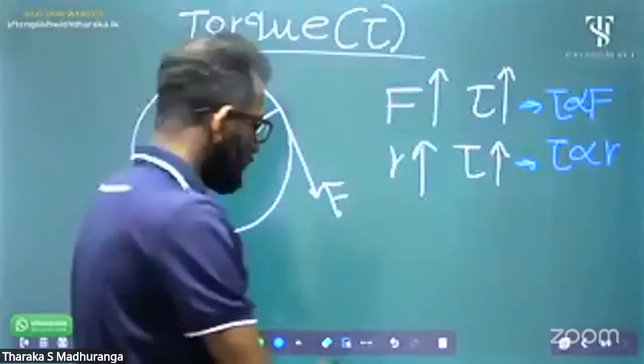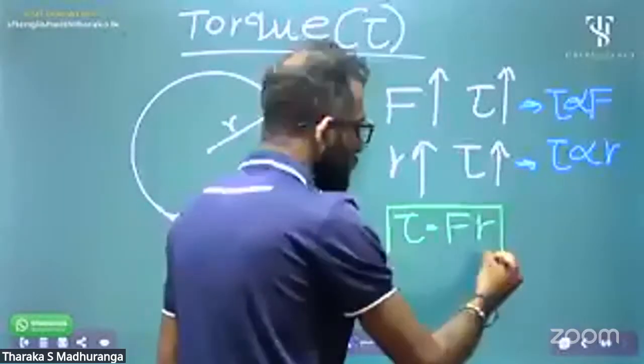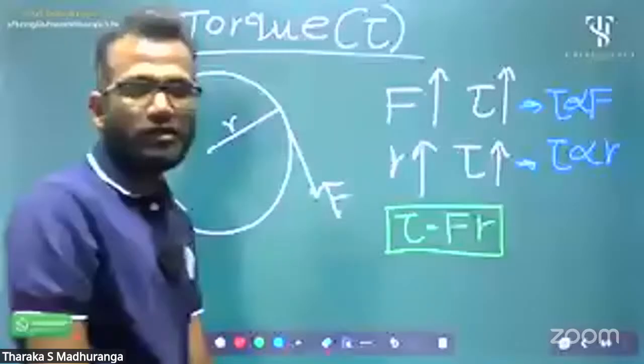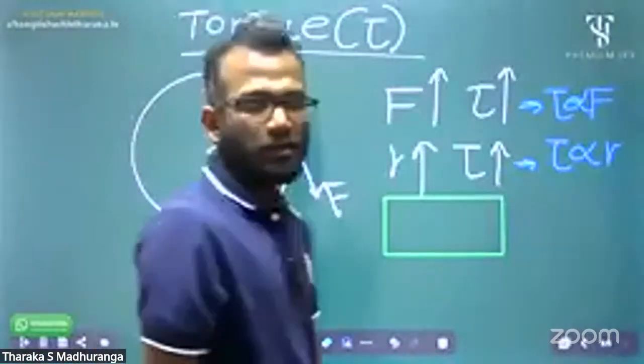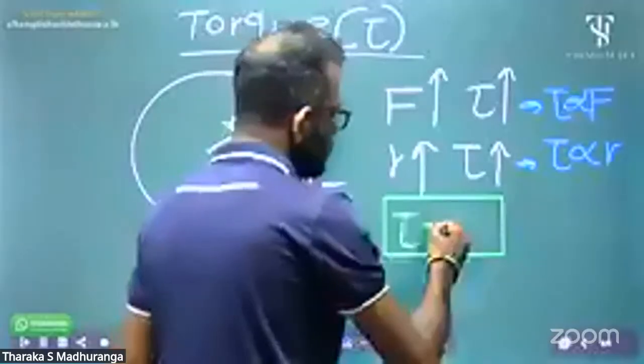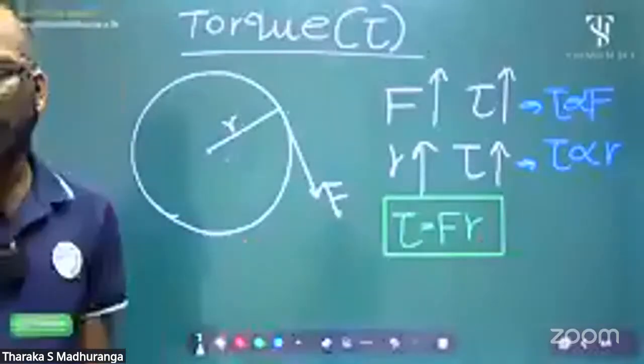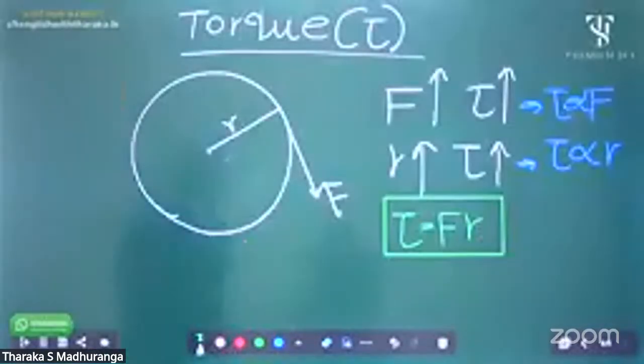The torque equals F R. This is the basic equation. The force multiplied by the radius.